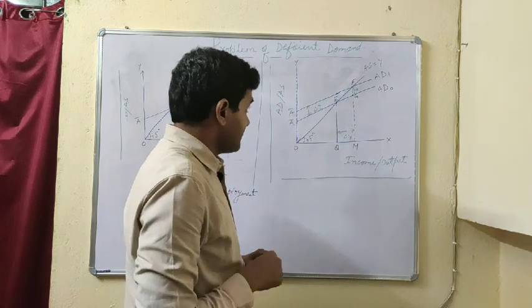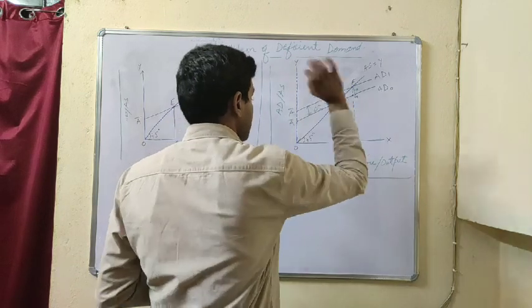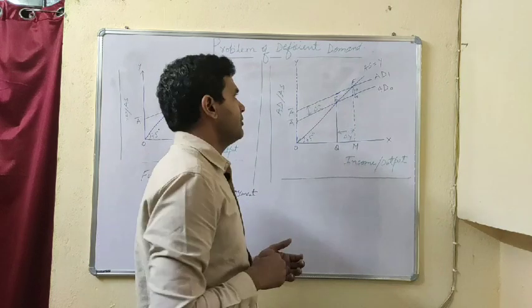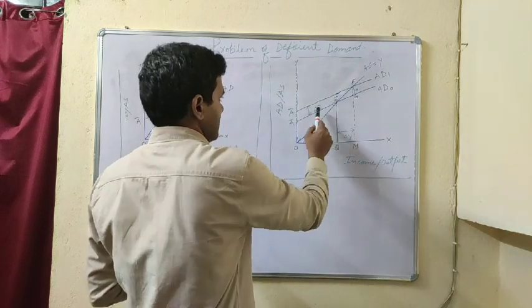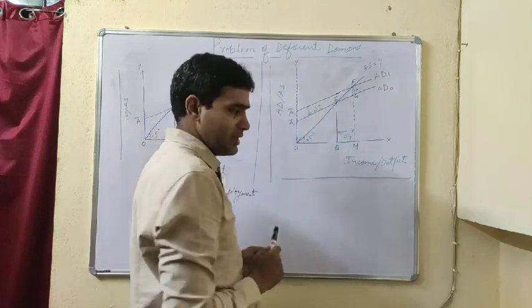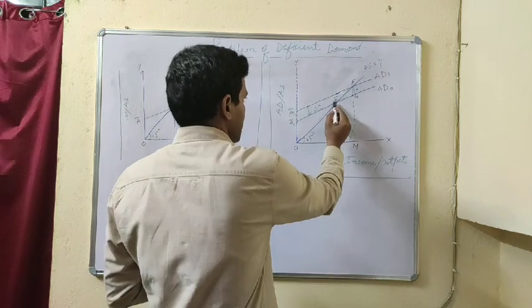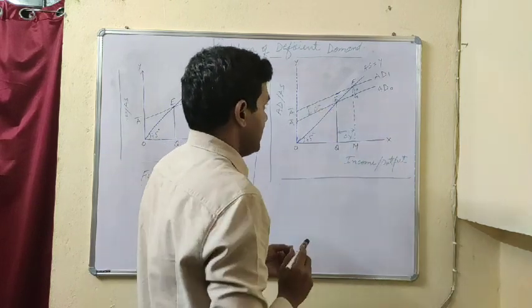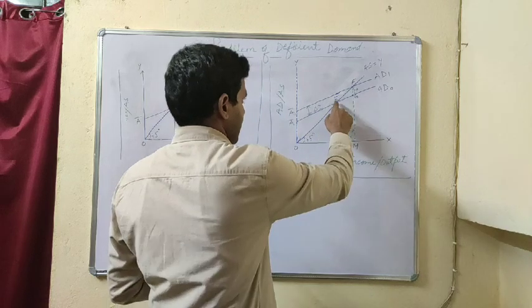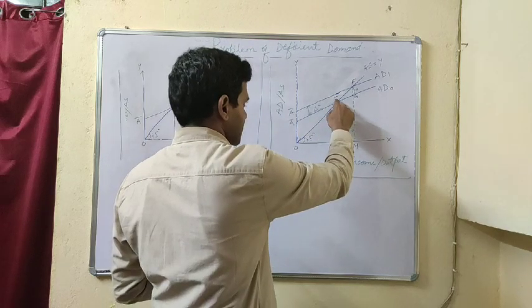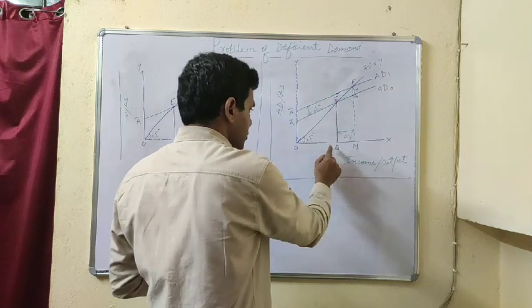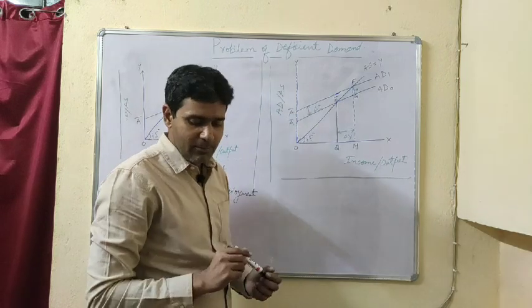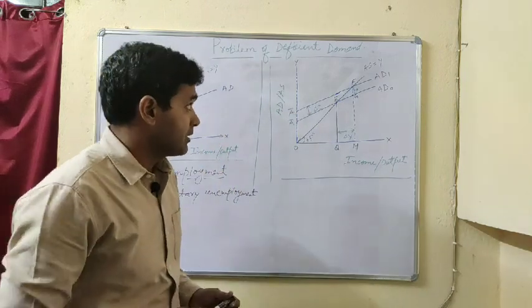Now you can see that AD0 is the initial aggregate demand curve where the economy is in equilibrium at point E, and OQ level is the equilibrium level of output.